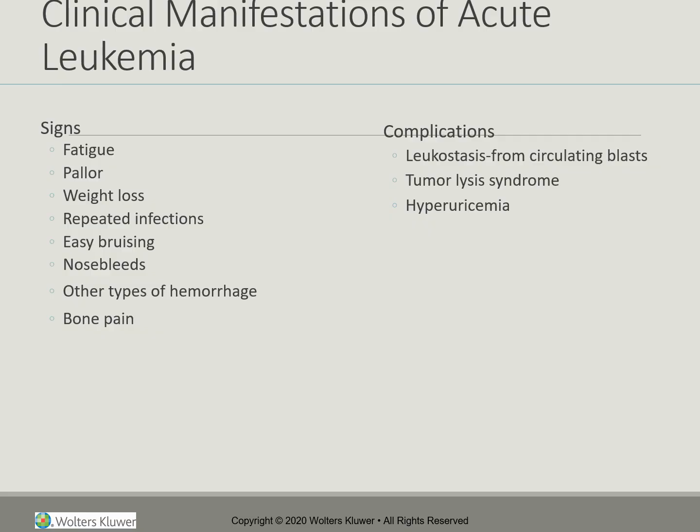So even though ALL and AML are distinct disorders, when we look at clinical manifestations, they're often very similar. Both of them really have a typical abrupt onset of conditions as well. Some of the overall signs that we see are things like fatigue, pallor, weight loss. They will have repeated infections.